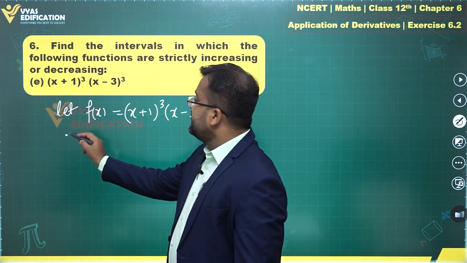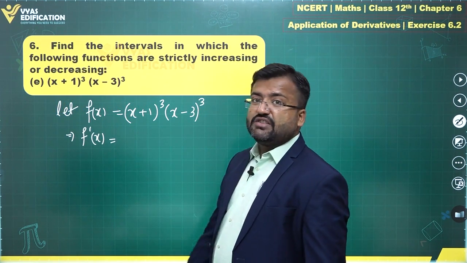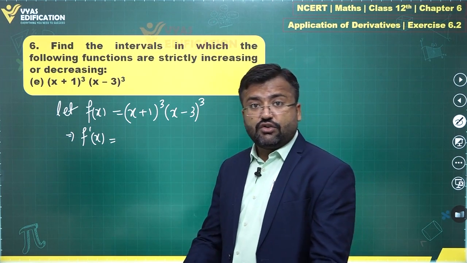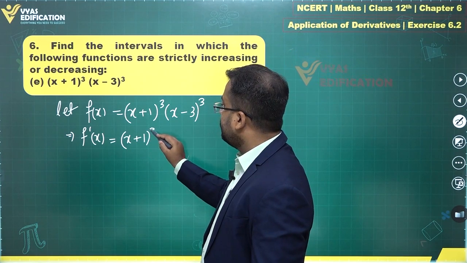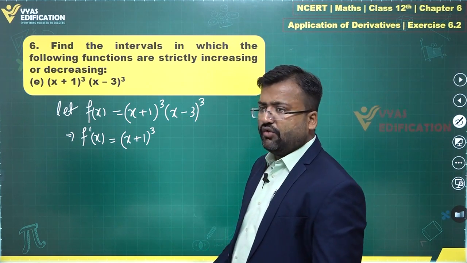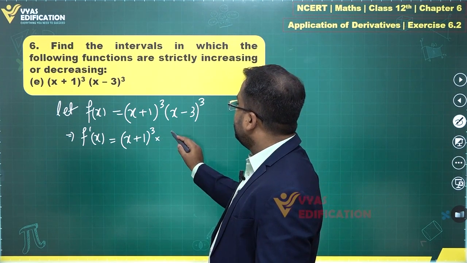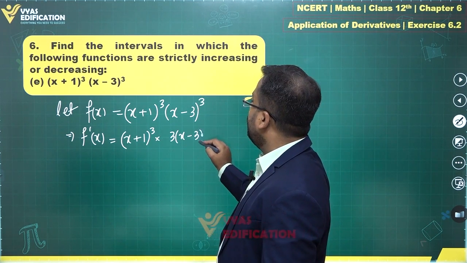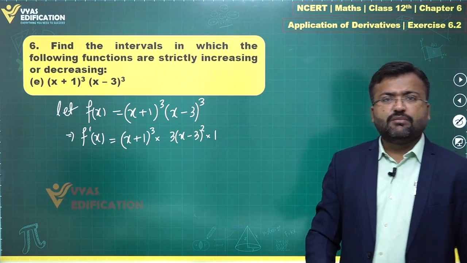Okay, this gives me that f prime x will be equal to what? You'll have to apply the product rule first. Let's keep this constant (x plus 1) power 3 as a constant and differentiate this with the help of chain rule. So this will be 3 times (x minus 3) whole square, and the derivative of x minus 3 is 1, which is pretty simple, right?